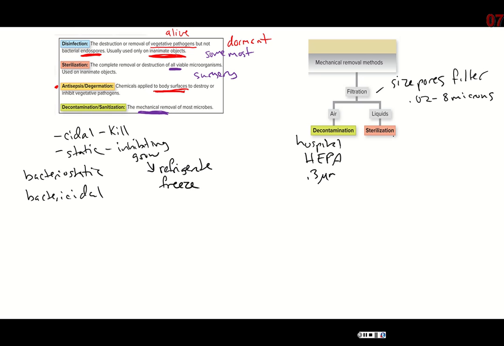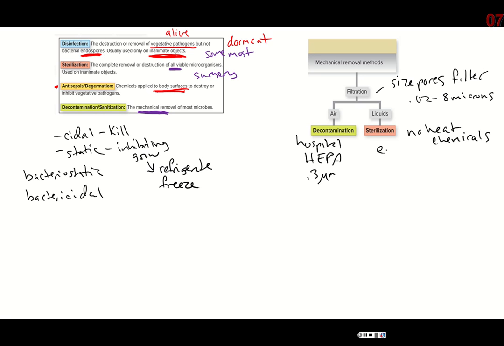Then we've got here sterilizing certain liquids. So we'll talk about sterilization methods of liquids such as pasteurization, so heat, and various types of chemicals you can use. Think of chlorine in your water. The problem is sometimes chemicals and heat are not allowed. So if we can't use heat or chemicals, then what's left, we can use filtration.